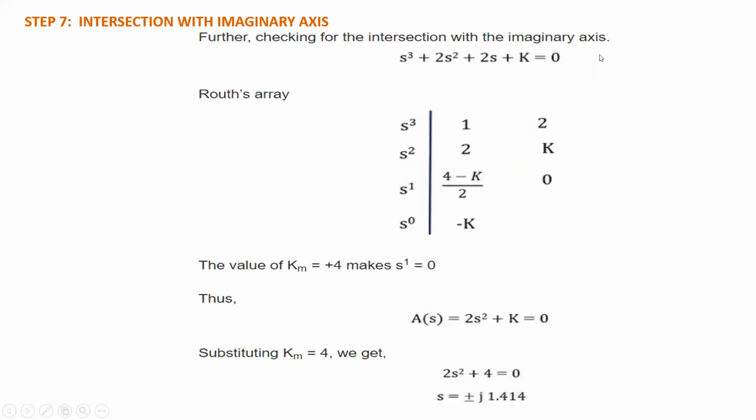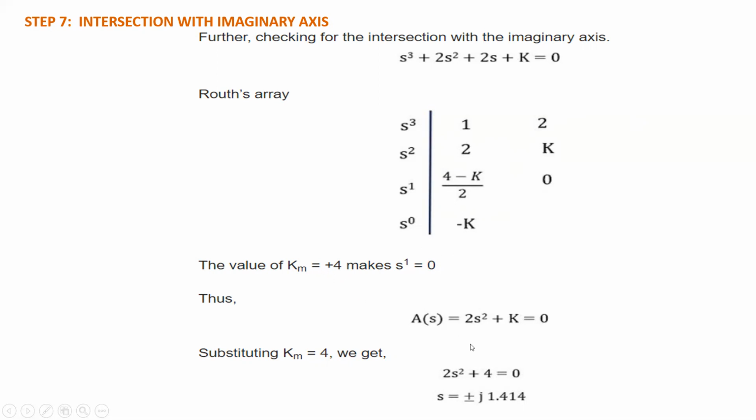If the system has roots on the imaginary axis, then it is said to be marginally stable. For marginal stability, the entire row should be 0 so as to get the auxiliary polynomial. The k value for which the system is marginally stable is found by equating this to 0, so that the entire row would be 0.